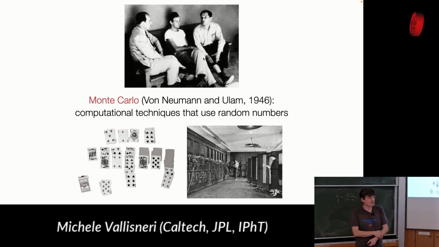He said, how about I figure out how often I would win when I do the solitaire without actually doing it? Because he was a physicist, he realized that a machine like the computers that were being built at the time, 46, that's pretty early, could easily do something like that, right? So he spoke to von Neumann.